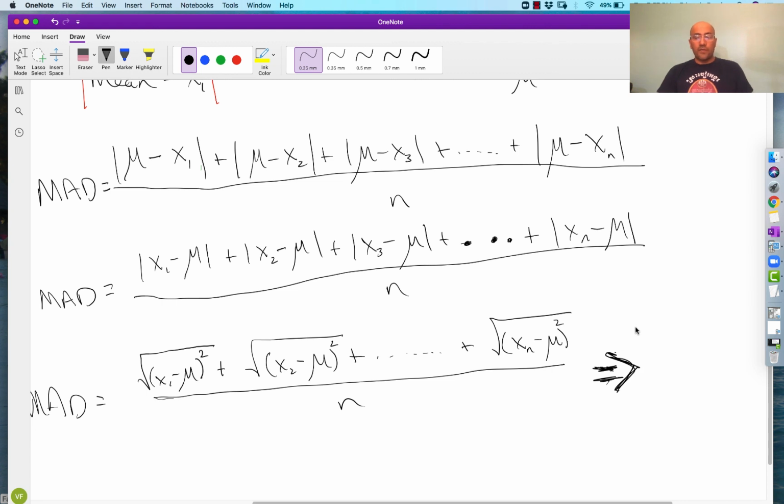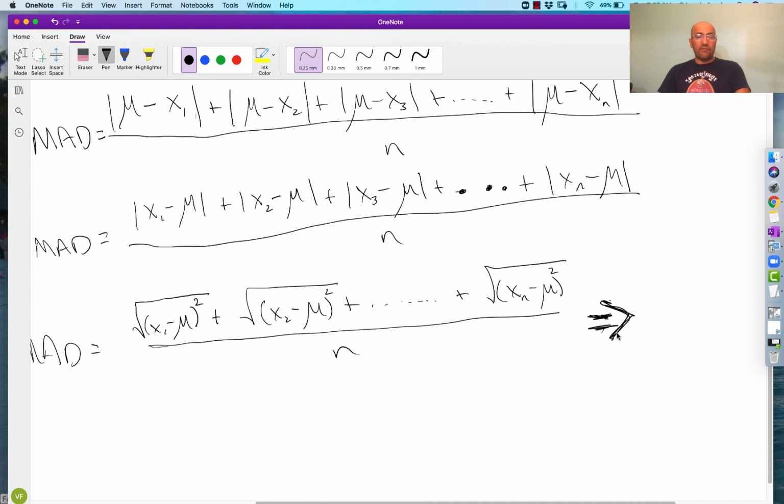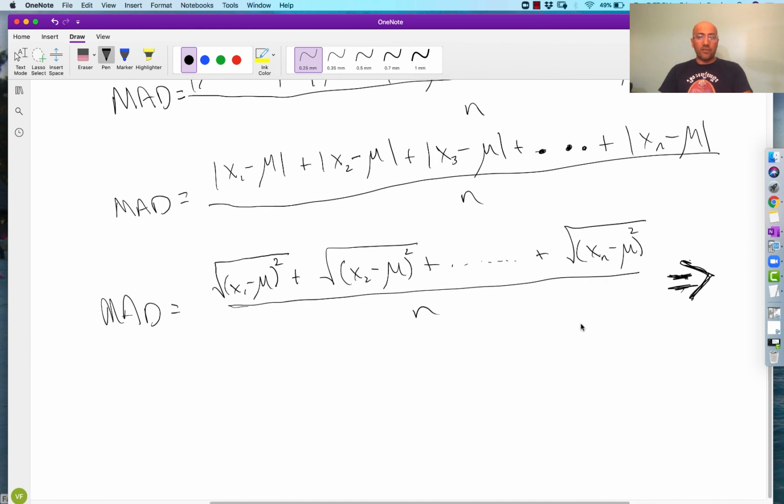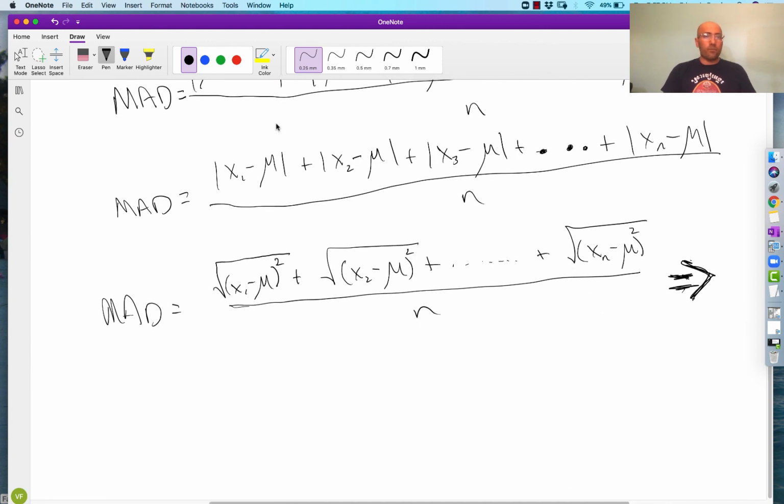Okay, so we settle for the following formula. Instead of doing each one individually, actually, let's put it underneath it. We're going to take basically the same thing.